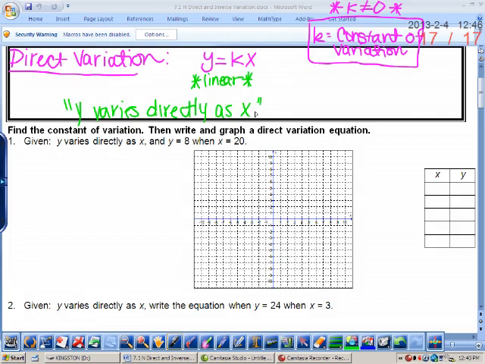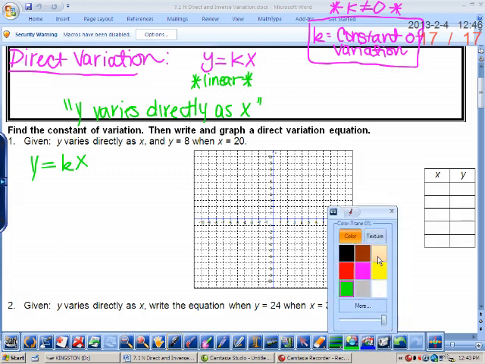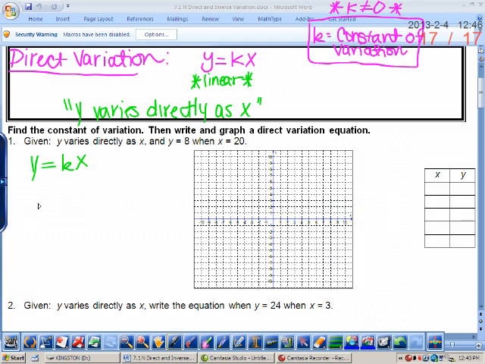We're told y varies directly as x, so that means we're going to use the equation y equals kx. And then we're given a set of values. We're told y is 8 when x is 20. So what that allows us to do is solve for k, find our constant of variation, and then write our direct variation equation.